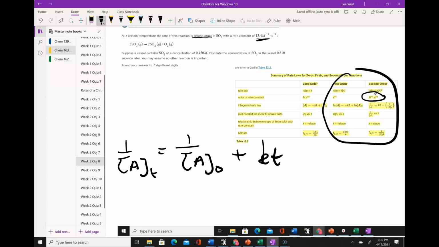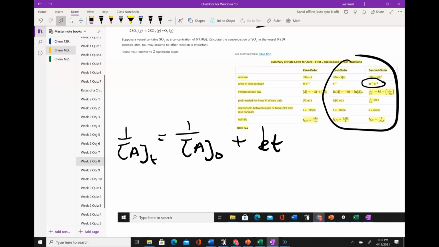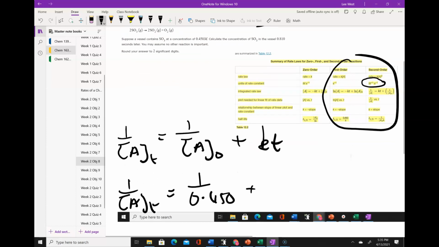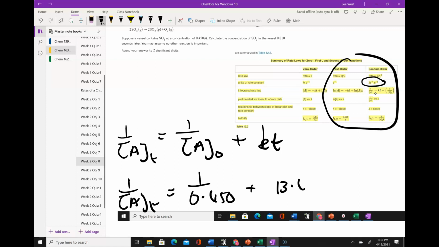They kind of write it in the other order, but whatever. I don't really care. So we're solving for that. So 1 on the concentration at time t is equal to 1 on 0.450, and then my k there was 13.4, and then my t is 0.810.